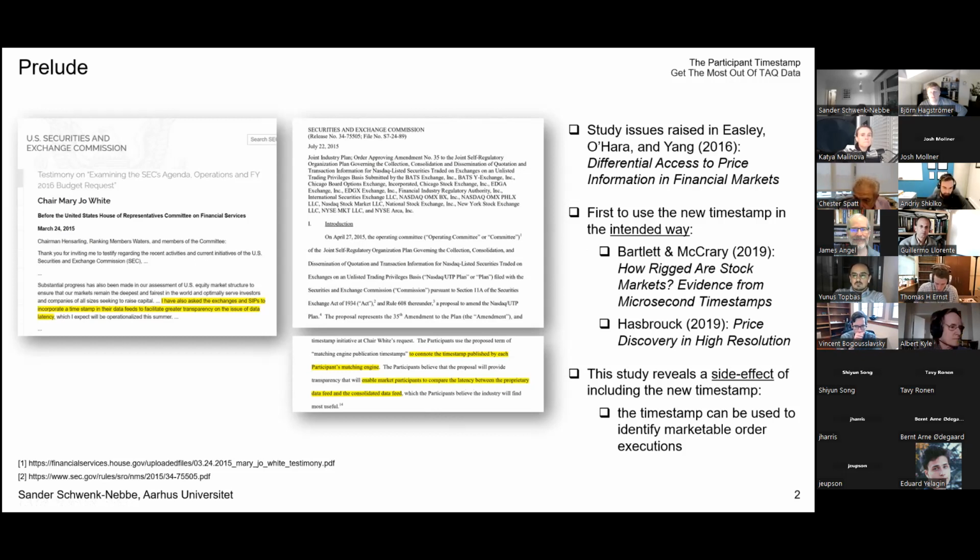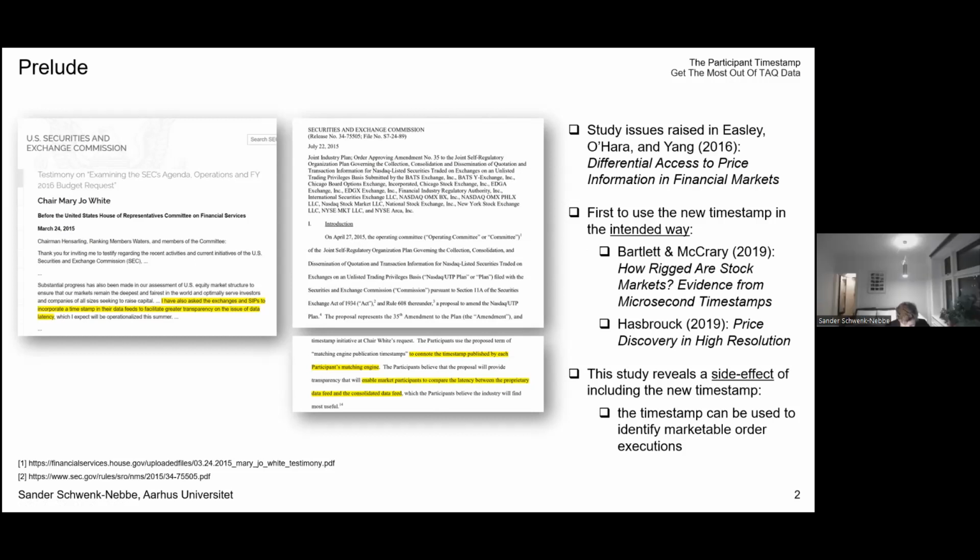The first studies that use the new timestamp and go in this direction are Bartlett and McCrary in 2019 and Hasbrouck in 2019, which each in their own way quantify the advantage of subscribing to the proprietary data feeds over the public data feeds. But what I present in this study is a different direction.